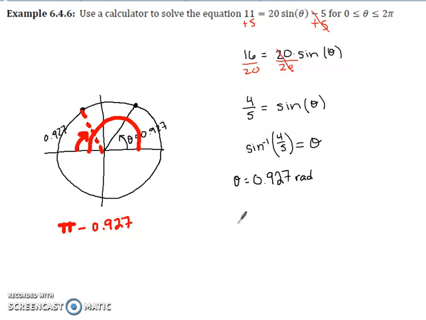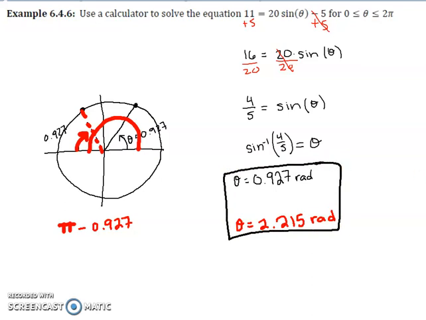Evaluating this in my calculator, I find that theta could also be approximately 2.215 radians. We were asked to find theta. Once we found theta, we are done. So these are the solutions to my equation.